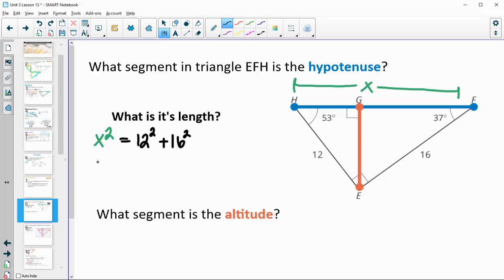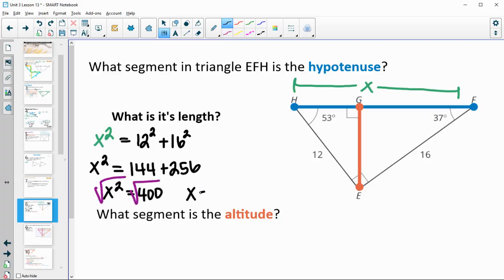So 12 squared and 16 squared. 12 squared is 144, 16 squared is 256. Add those together and we get 400. Square root that and we get that the length of that hypotenuse is 20. So this is 20, which again makes sense. It's bigger than both 12 and 16.